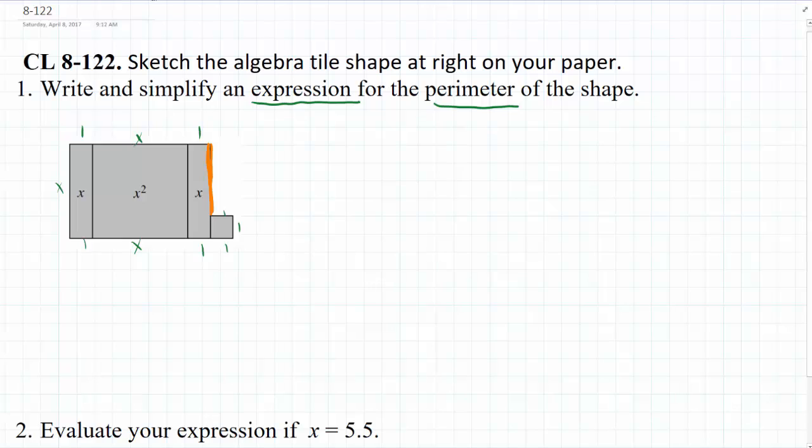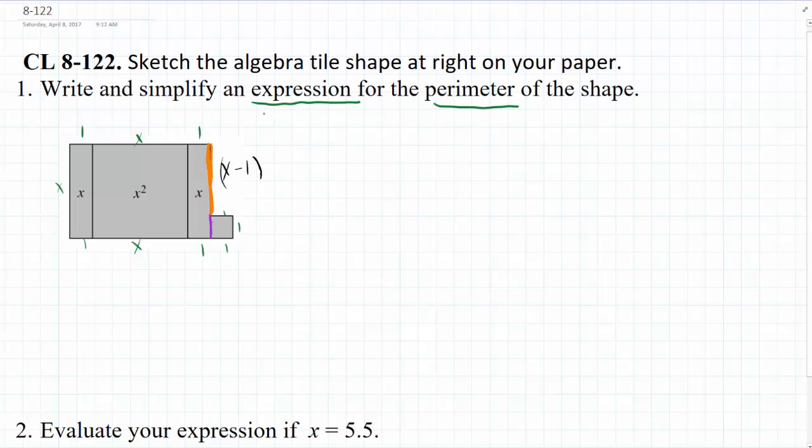If it included this purple down here, it would be X, but since we don't have the purple part in the perimeter, which is a length of 1, we're going to call this X minus 1. We made that agreement in class. This part is X minus 1, just the orange part. That's all I'm concerned about. The purple part is right here. We already figured that we don't need that. It's not the outside.